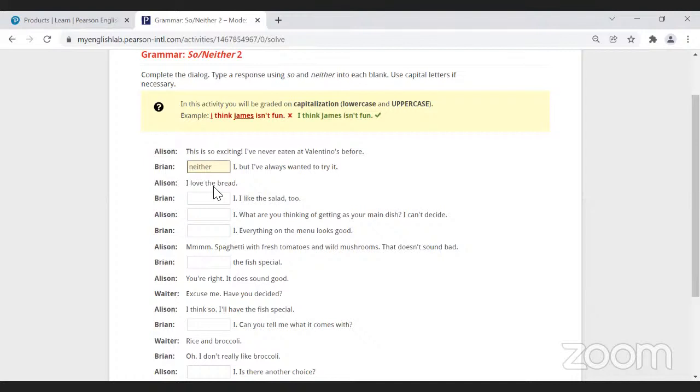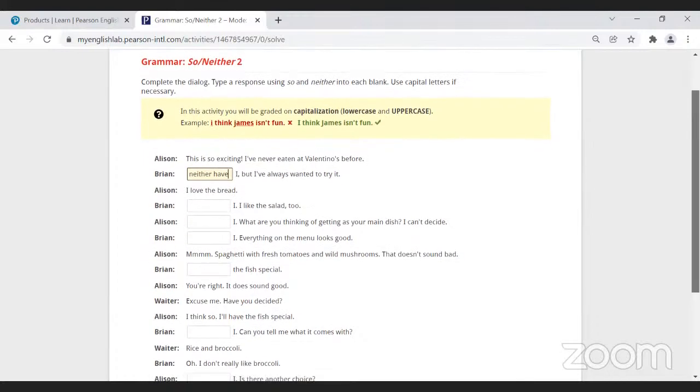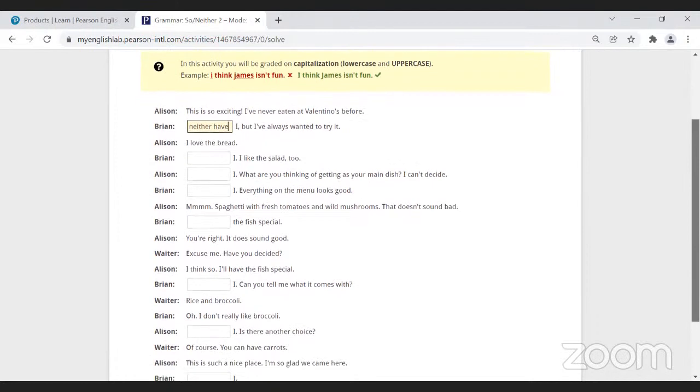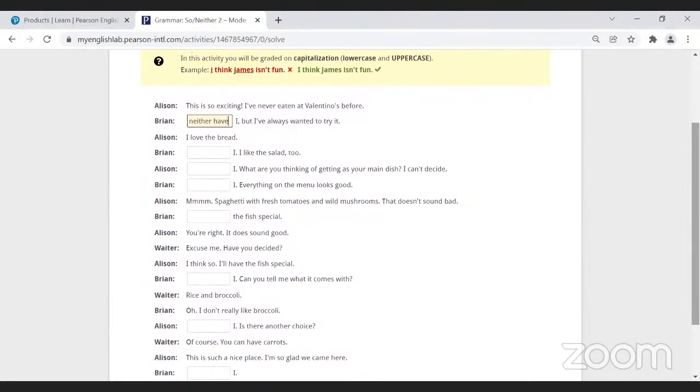Do you remember present perfect, Eunice? Yes, teacher. So the auxiliary that we are using, it is have, right? Yes. Have in present. Yes, excellent. So don't forget the capital letters in neither, for example. Okay, teacher.